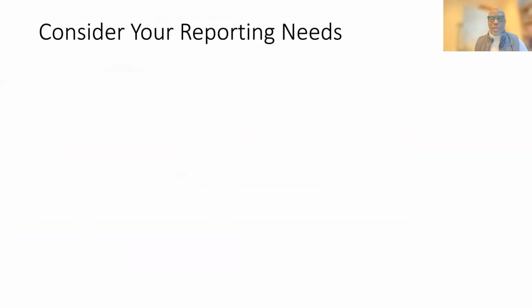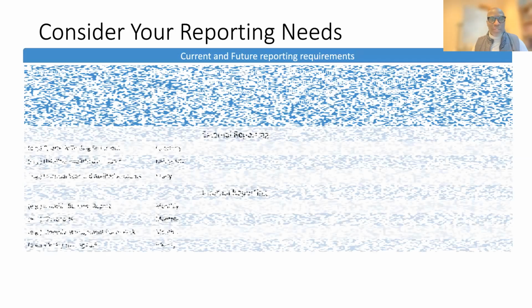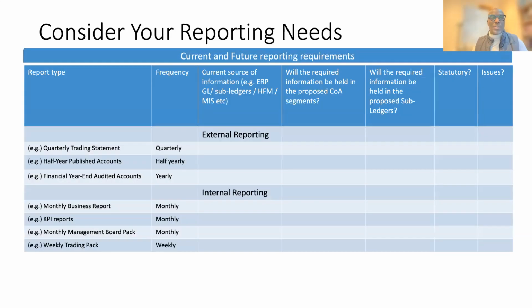Now, one other thing to think about is your reporting needs. Very, very crucial. You need to think about the current reporting needs and the future reporting needs. Look at the frequency, whether it's external or internal, whether it's monthly, quarterly, year end.